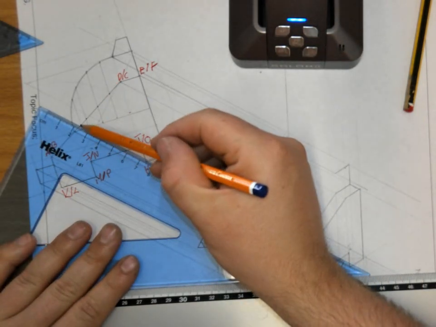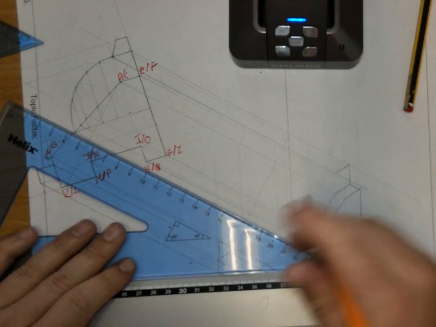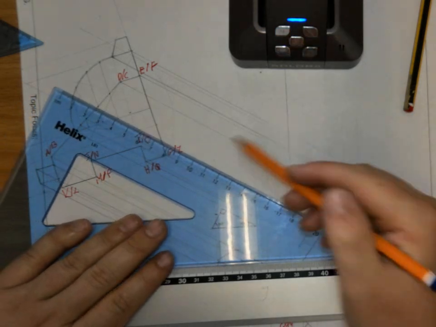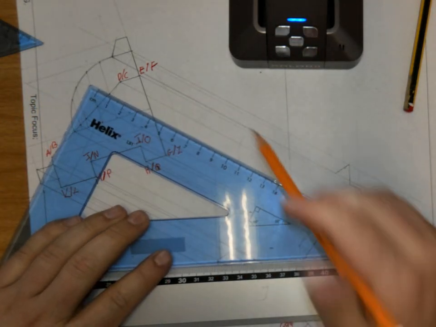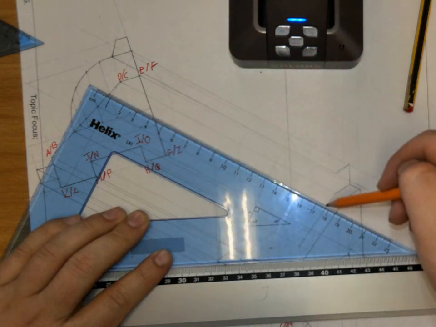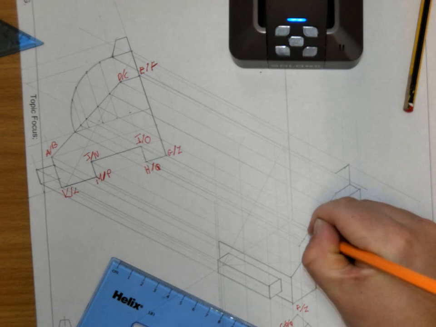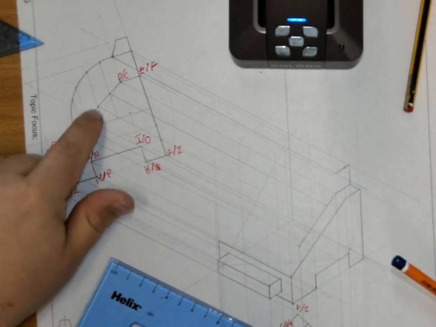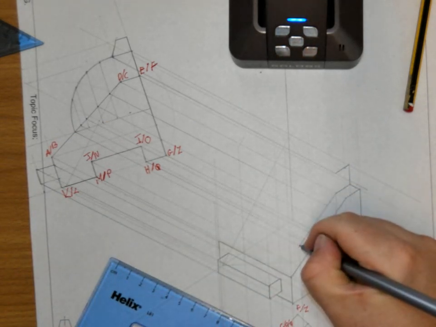Okay, so bring this one down until it hits the inclined line. So they're the important ones. Purple ones there, right.